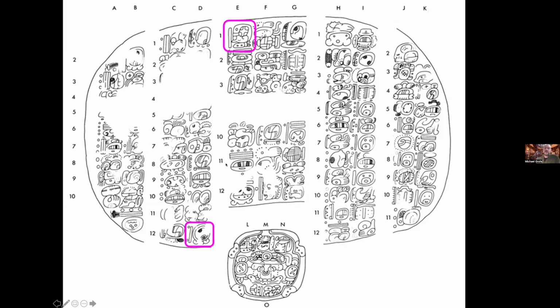And so this particular date, 7 Kaban, 5 Kayab, counts backwards by this very clear distance number, which is 2 Pictunes, 2 Baktunes, 2 Katuns, and 6 tunes. And then we've got the Winals and Kins.